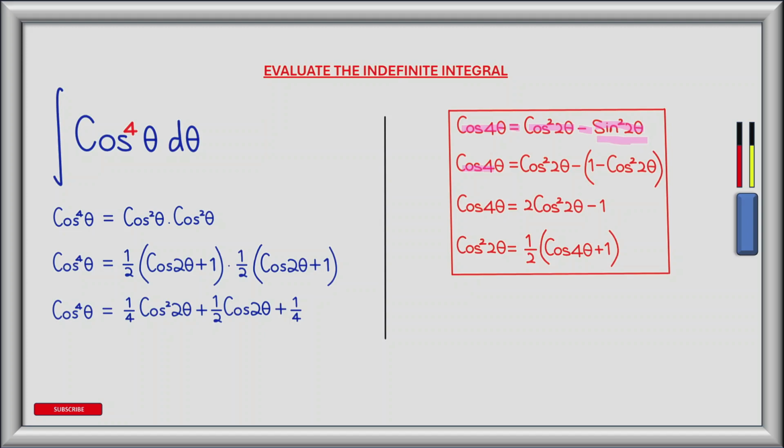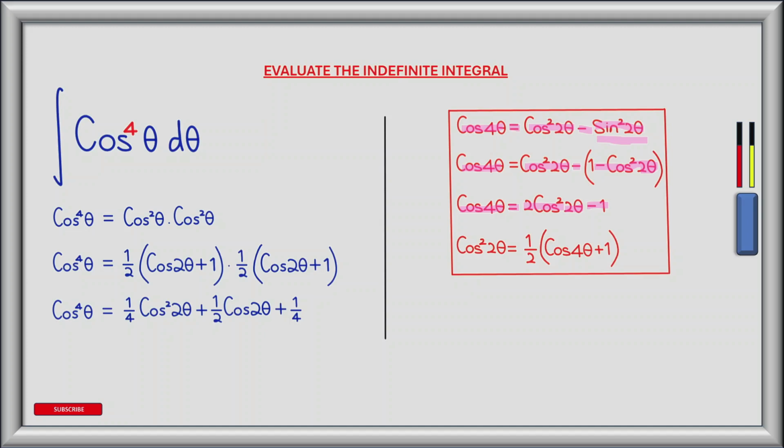So we have cos4θ is equal to cos²2θ minus, in the bracket, 1 minus cos²2θ, which is the substitution for sin²2θ. So expanding the bracket, we have cos4θ is equal to 2cos²2θ minus 1.